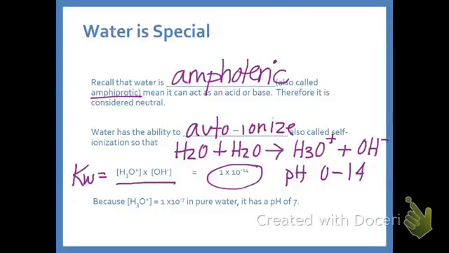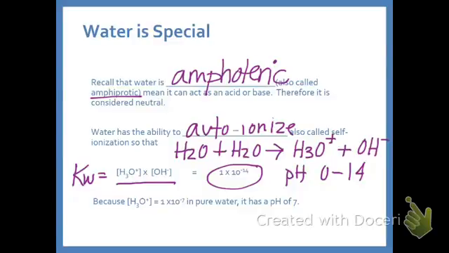When you have an aqueous solution, you actually have hydrogen and hydroxide ions present. If you have an acid, you just have more hydrogen ions and less hydroxide. If you have a base, the scale switches and you have more hydroxide and less hydrogen, but you still have both. That's because it is a constant: no matter what your concentrations are, if you multiply them by each other, it's going to equal 1 times 10 to the negative 14.